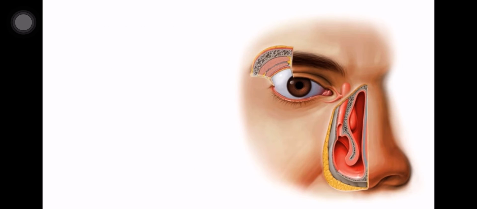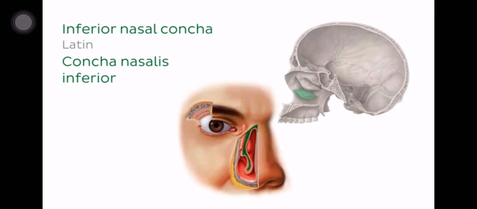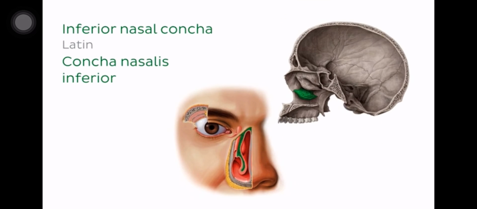Inferior to the middle nasal concha is the inferior nasal concha. This is an independent bone, rather than a projection of another. Similar to the middle nasal concha, however, it projects medially into the nasal cavity, leaving a space beneath it. Again, switching it up to this mid-sagittal section, we can see the inferior nasal concha in the nasal cavity, inferior to the middle nasal concha that we identified earlier.